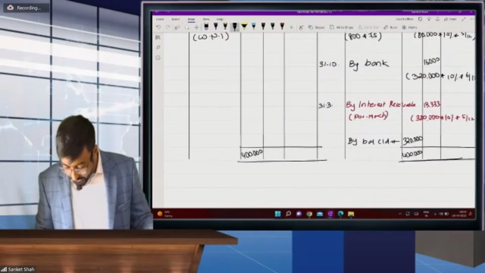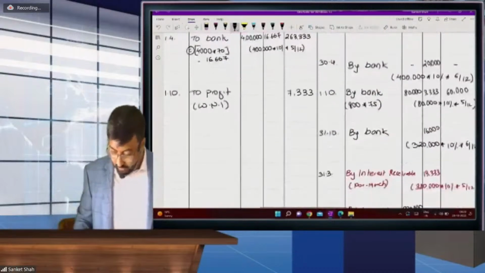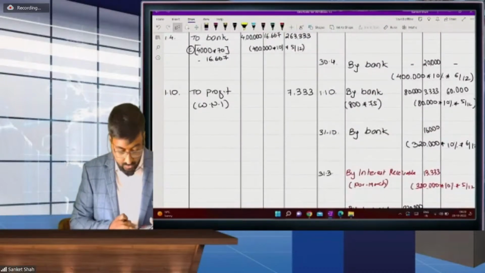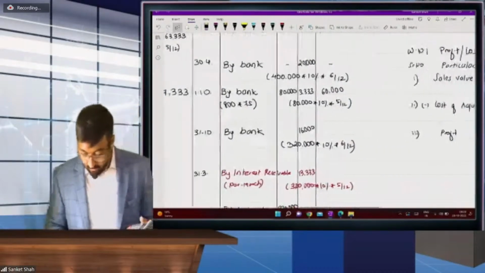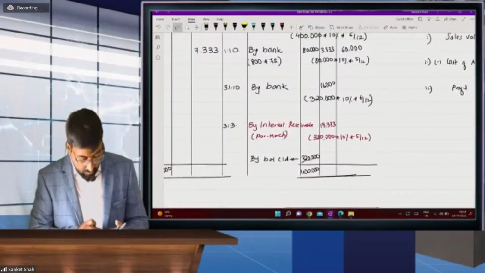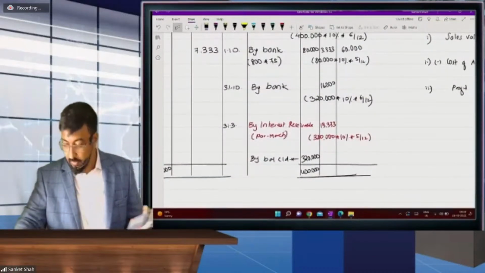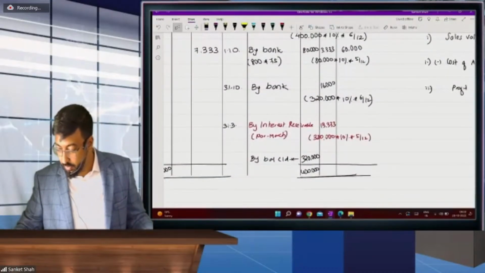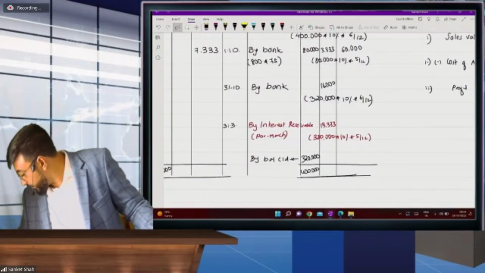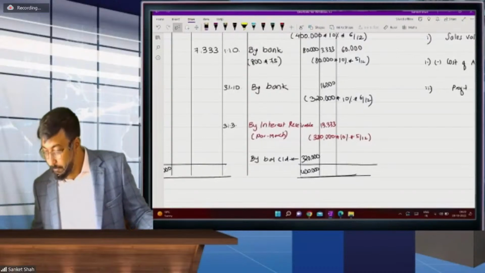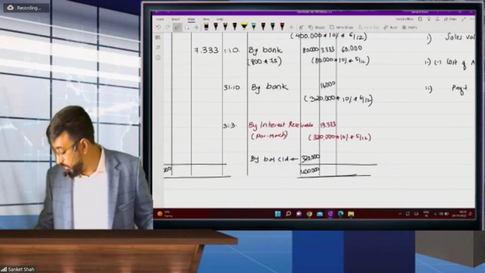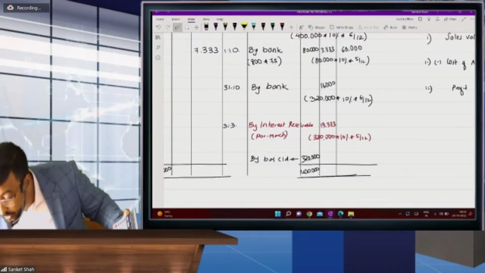So you will get 3,20,000. 2,633 plus 7,333 minus 60,000. 2,10,000.